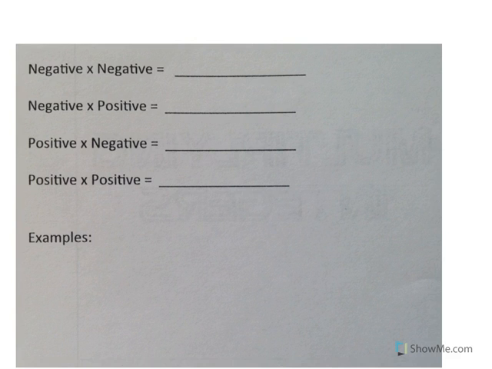If I were to multiply a negative integer by another negative integer, then the product, or my answer, would be positive. If I were to multiply a negative integer by a positive integer, then the product would be negative.